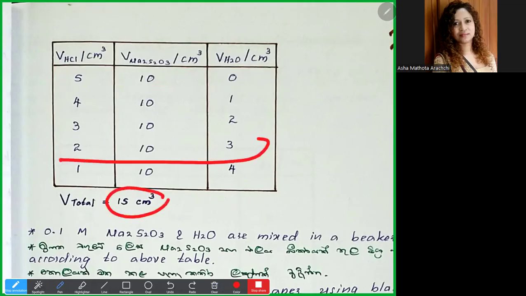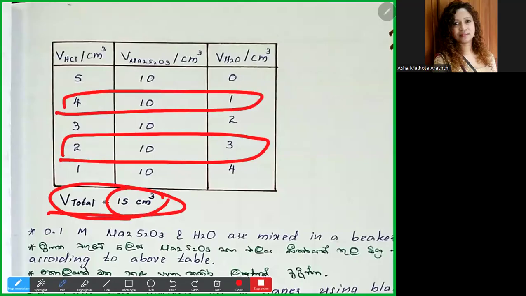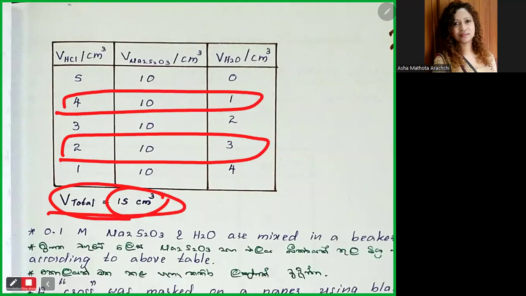This time, see if you can calculate any of these. Total is 15, so the V total here we are taking is 15. Clear? Okay, copy this table.